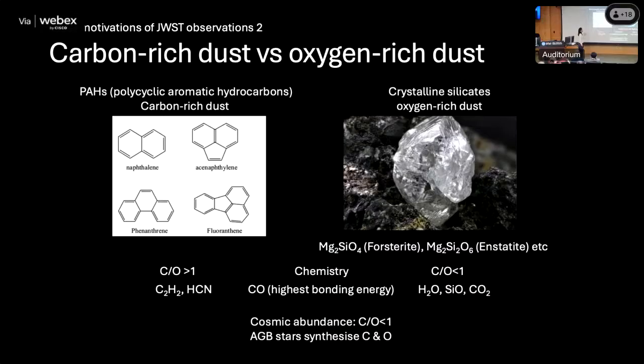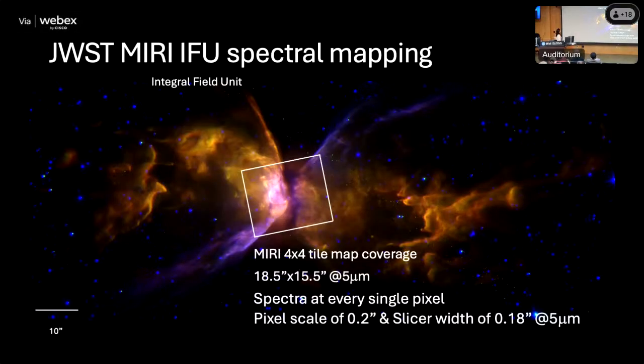That is a big question, and that is the reason we observe this object. So we requested mini-IFU mapping of this planetary nebula NGC 6302 at the central region. It can cover nicely the disk and also part of the bipolar nebula.